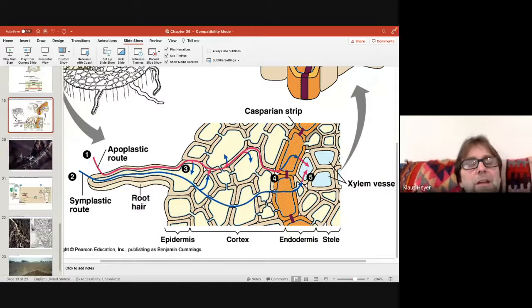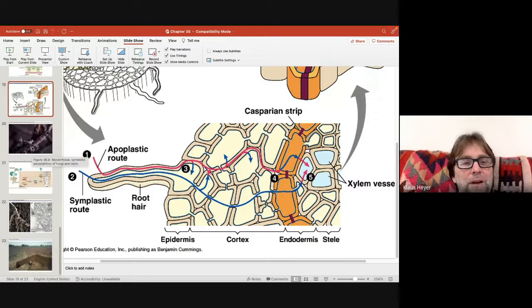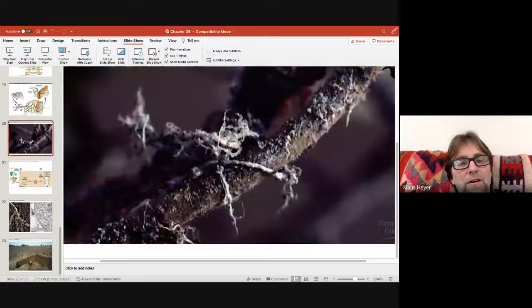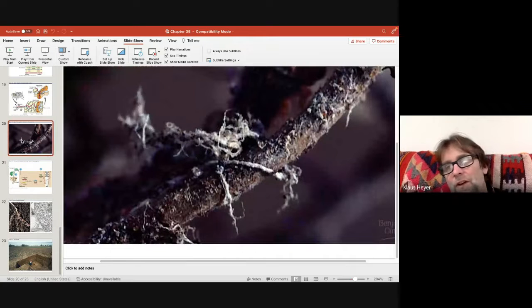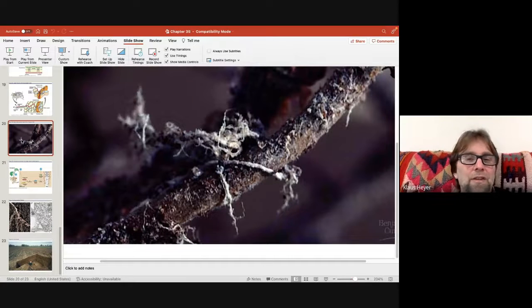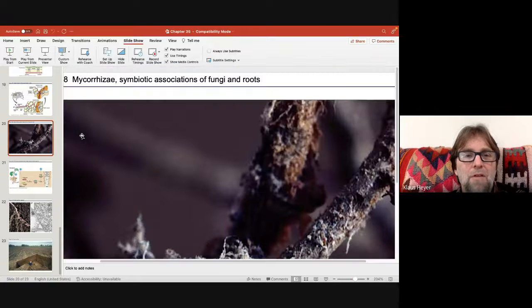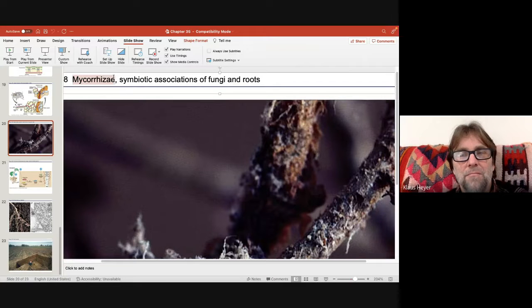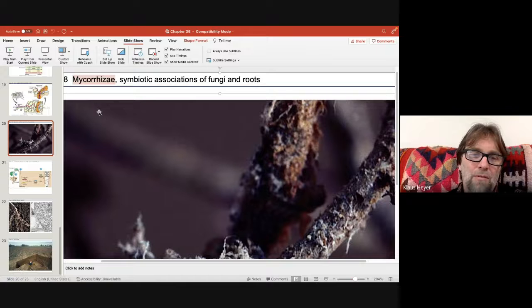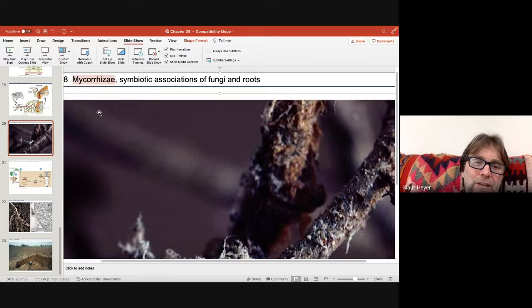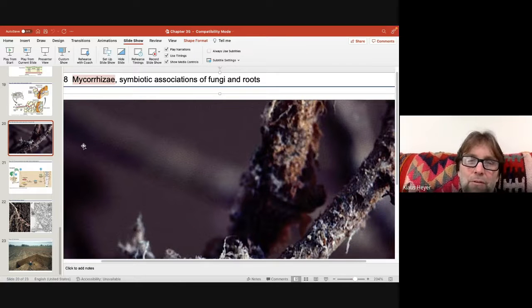Last one, discuss two symbiotic relationships. One is the fungus. What's the fungus taking? What's the fungus giving? Mycorrhizae. What is mycorrhizae fungi giving? It's giving water. What's it taking?